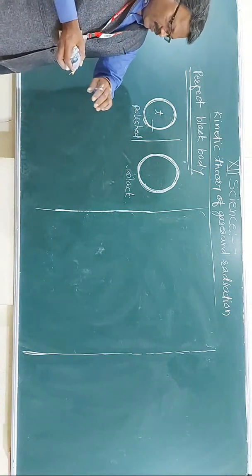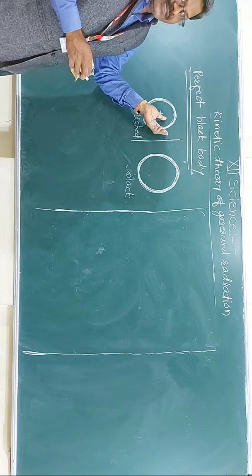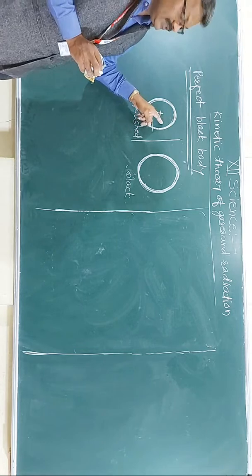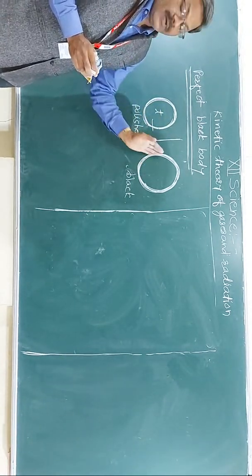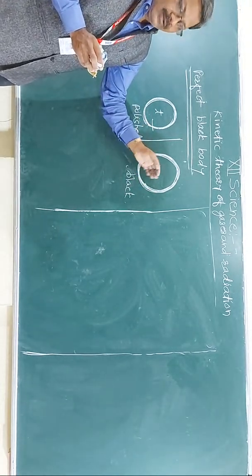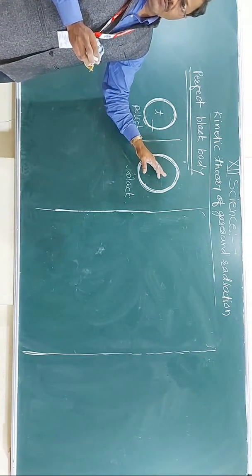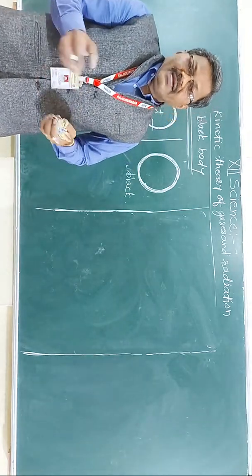In case of the polished surface, we know less energy is absorbed by the body and more energy is reflected. In this case, more energy is absorbed and less energy is reflected. When energy absorbed is more, its emission is also more. Now, the next part we will discuss in the next lecture.